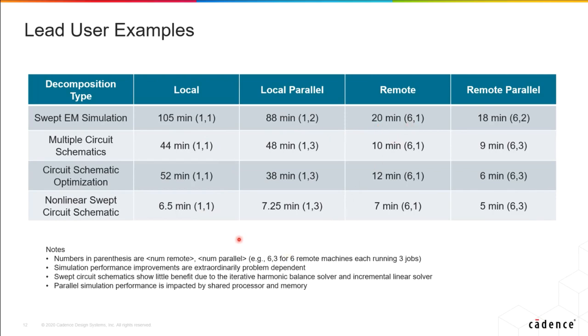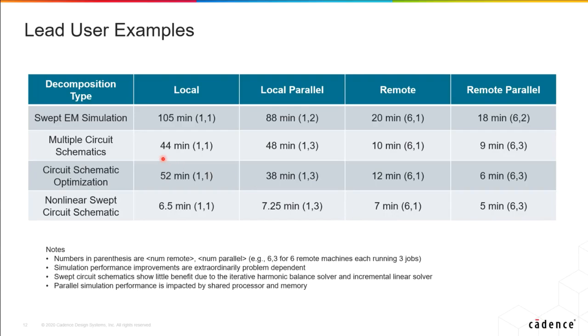And just to make it clear, that means number of remote machines and number of parallel machines. So if we were to look at, say, this optimization that ran in 6 minutes, that was 6 different computers and running 3 jobs per computer. So for a total of 18 jobs. So for that optimization, it went from 52 minutes down to 6 minutes.